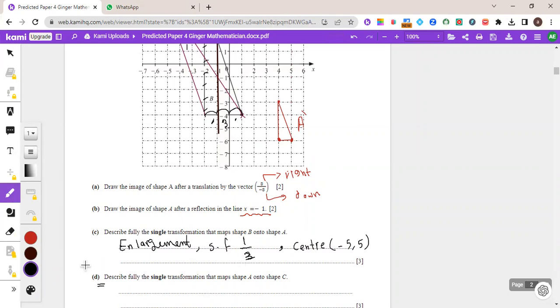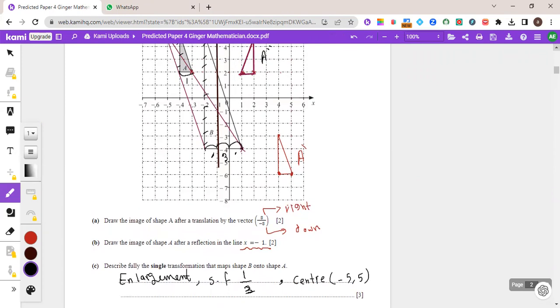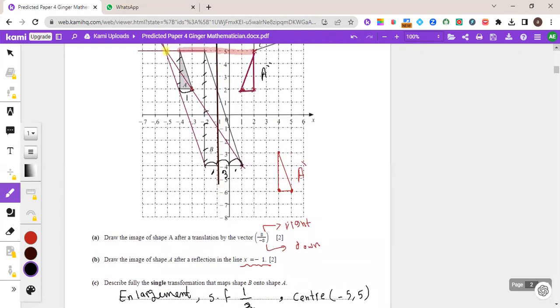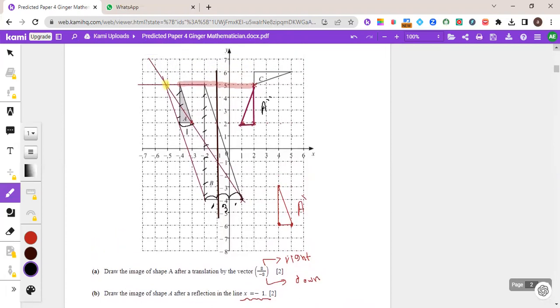Question D. Describe fully the single transformation that maps shape A into shape C. Rotation 90 clockwise. The best way to solve this one is to use a tracing paper.